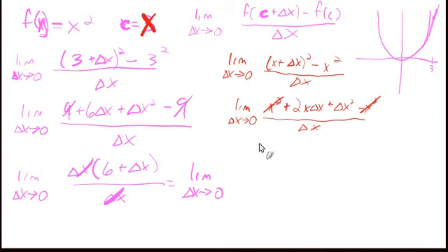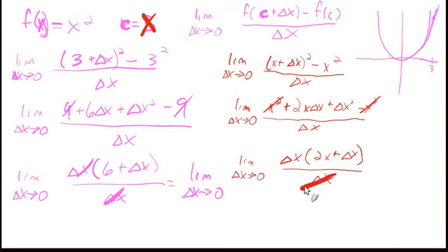We're going to factor out a delta x in the numerator. We're going to cancel out these delta x's, and we get this limit, as delta x approaches 0, of 2x plus delta x. Substitute a 0 in for delta x, and we're left with 2x.